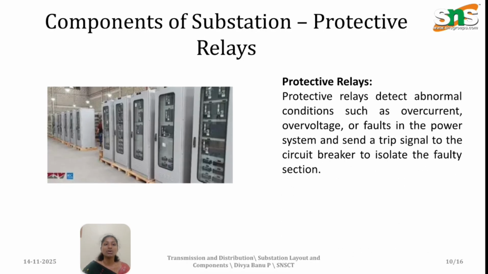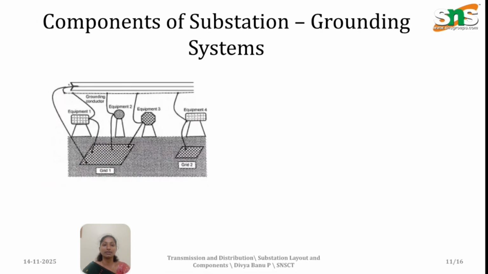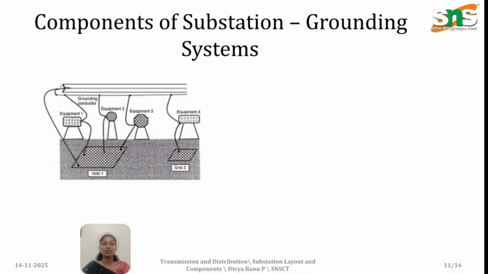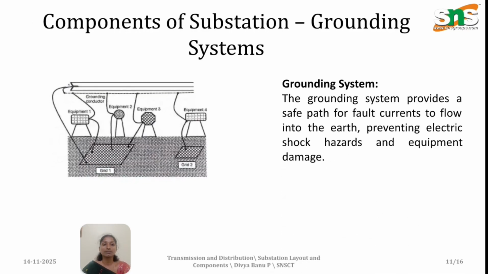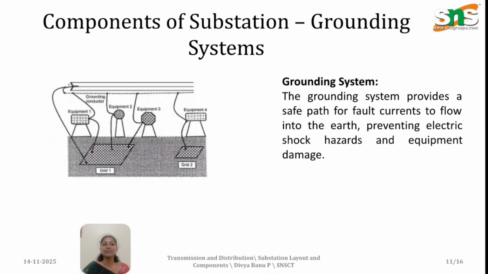They protect against overcurrent, overvoltage or faults in the power system and send a trip signal to the circuit breaker. Next is the grounding system, which provides a safe path for fault currents to flow into the earth.